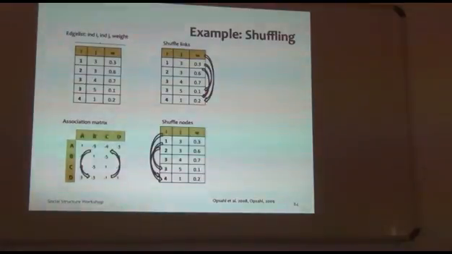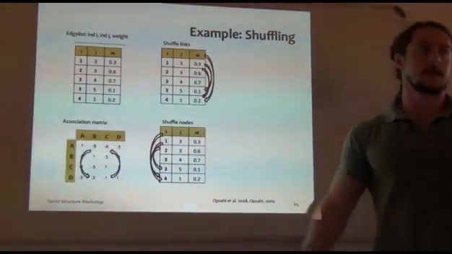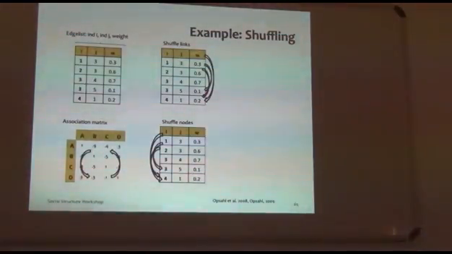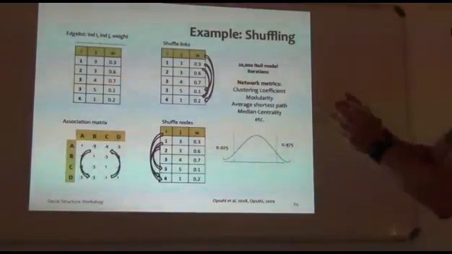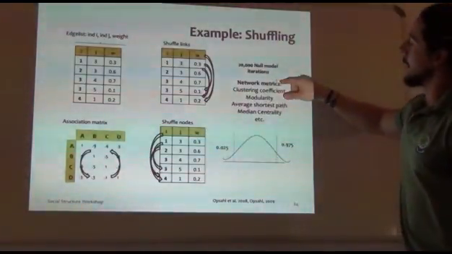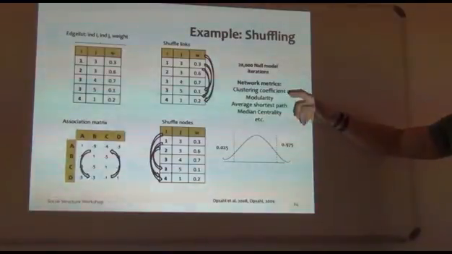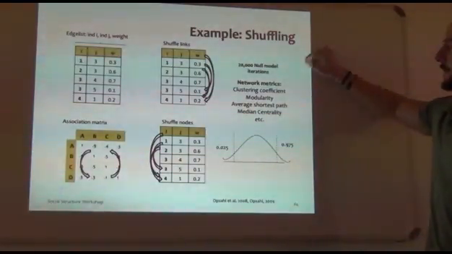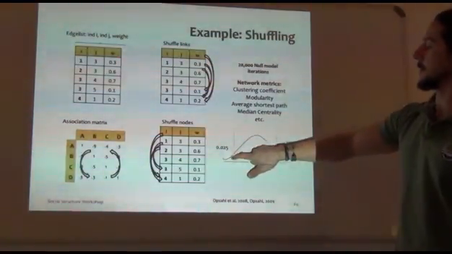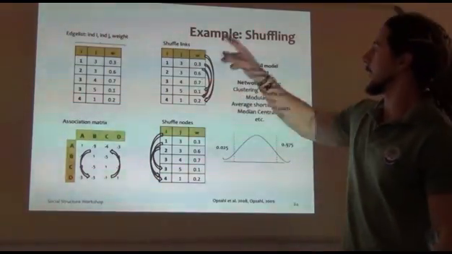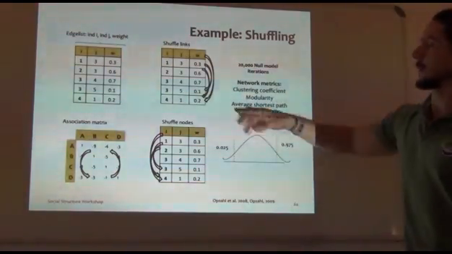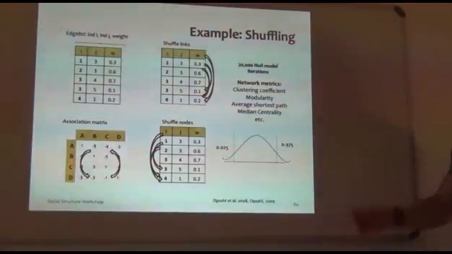Or you could shuffle the nodes instead. Same idea. And then shuffle once, calculate modularity or clustering coefficient, save, and plot it in your distribution. Then shuffle again, calculate again, and do it again. And do this 20,000 times or 1,000 times.